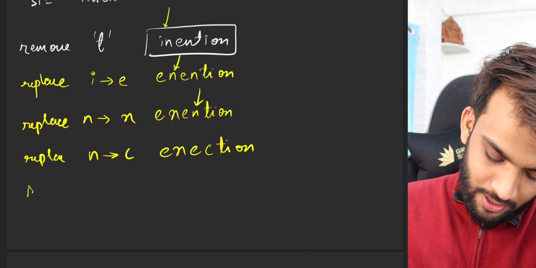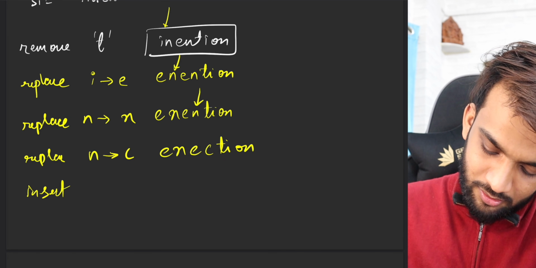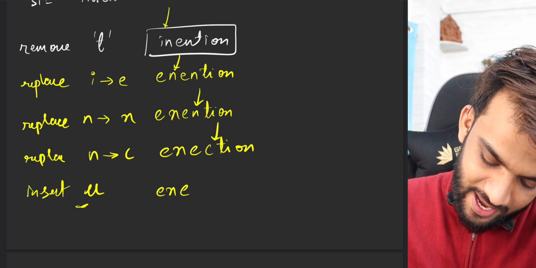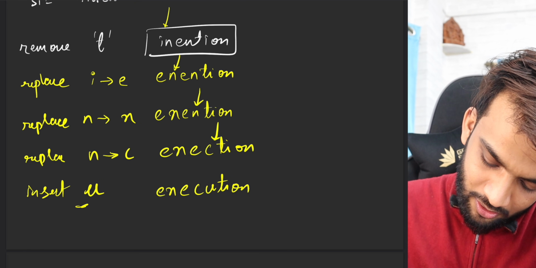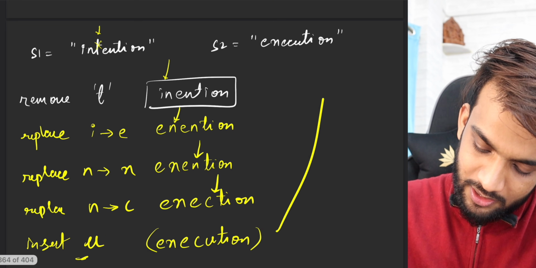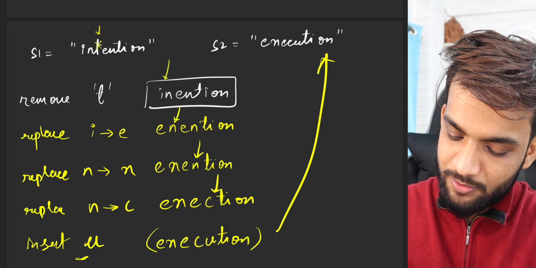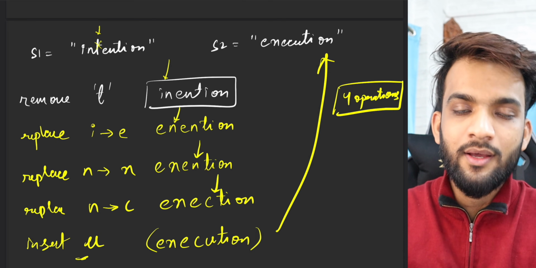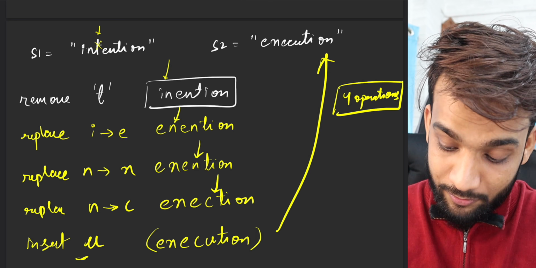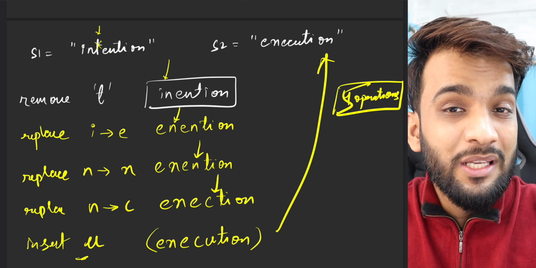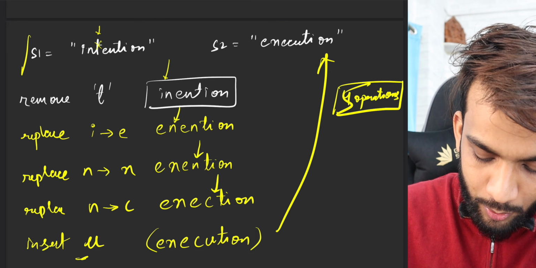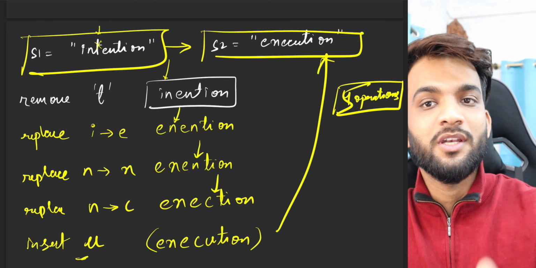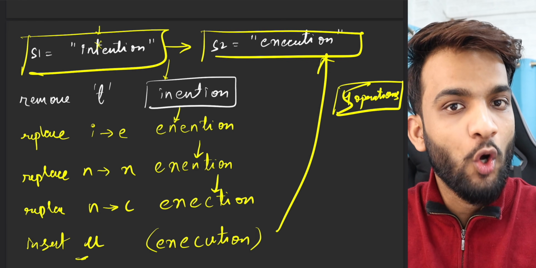Next, I will insert U, here, which becomes EXECUTION. Thereby, this is the string s2. How many operations? Five operations is what you required, my bad, five. So these are the minimal set of operations that you will require in order to convert this s1 into this particular s2.